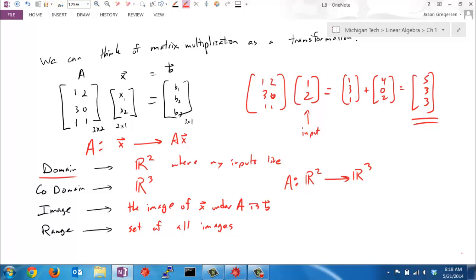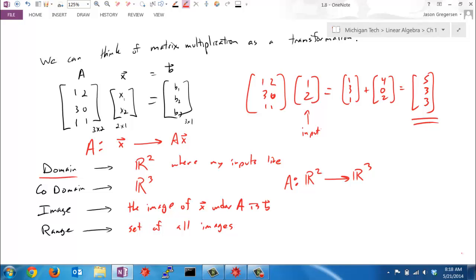How would I describe that? It's any B that I could get if I'm doing this multiplication. For any value of X that I can pull from the domain, the collection of all the possible outputs is that range. But I actually have another name for that. I could just say that's the span of the columns of A.